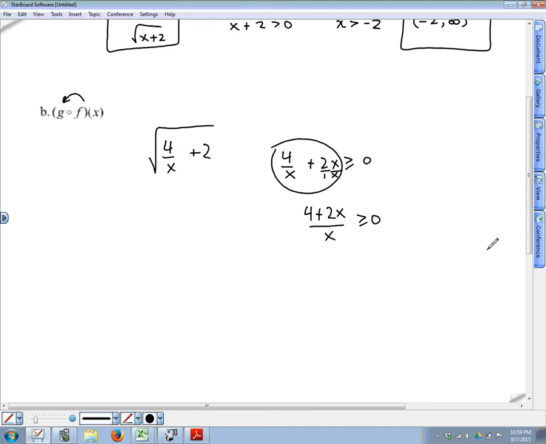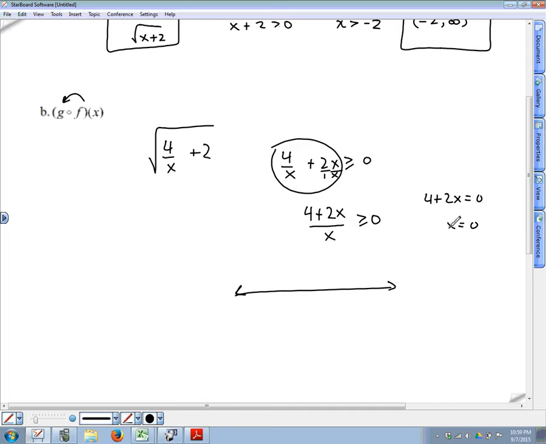Now this was a topic in 1010, a real difficult one if you ask me, but solving rational inequalities involves a few steps. First of all, you have to find what are called, or what most textbooks call, critical values. Critical values are when the numerator equals 0 and when the denominator equals 0.